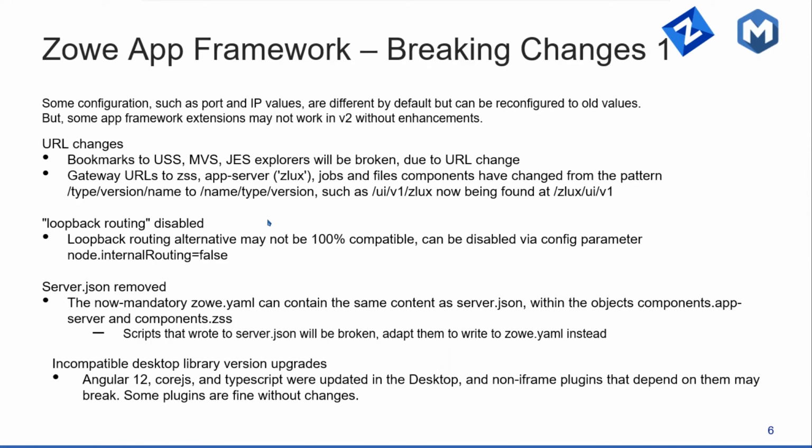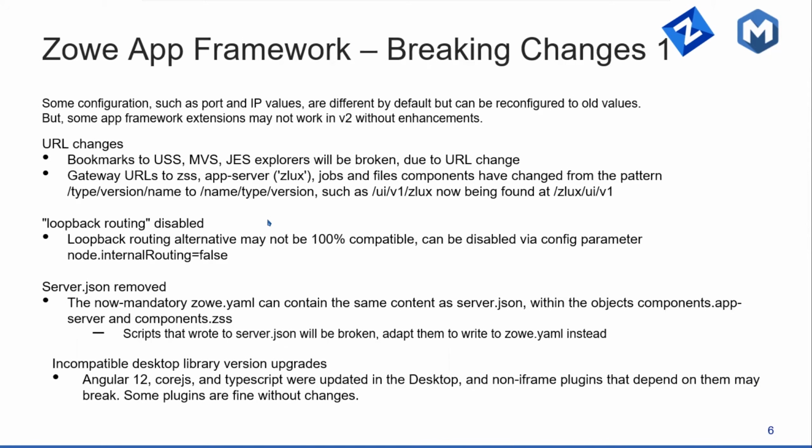I already mentioned server.json being removed. If you have a property in server.json that you would like to see in Zowe.yaml, you basically prefix what you already have. YAML and JSON are equivalent formats. There's some differences in how you write them, but you can have the same nested structures.